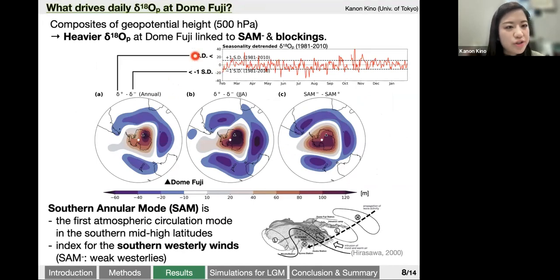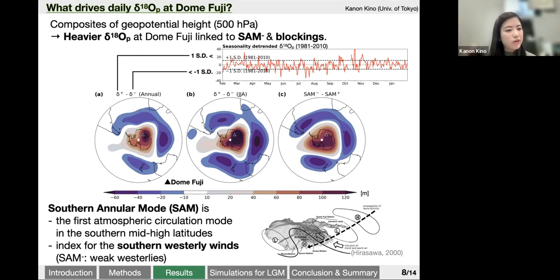Here, using a 30-year time series of isotope signals in precipitation at Dome Fuji as an index, I classified each day as a heavier isotope day or a lighter isotope day, then made composites of the difference of geopotential height, heavy isotope days minus light isotope days.